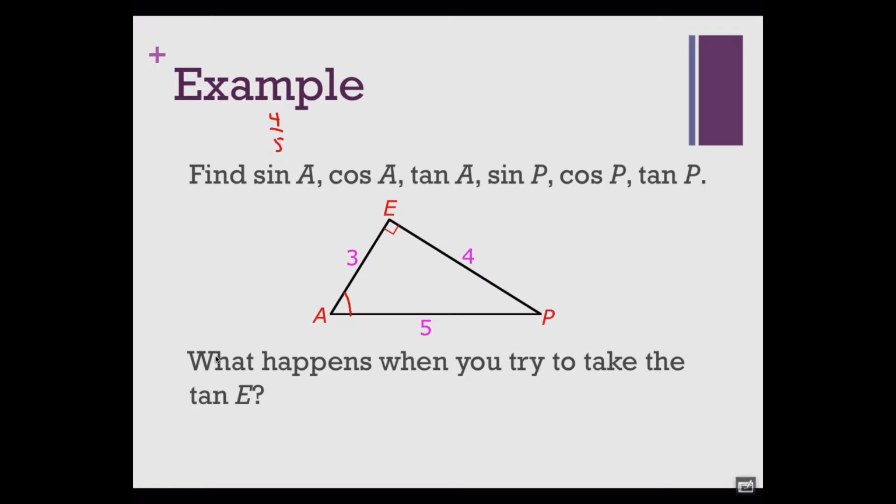Aces. How about the cosine of A? 3/5. Outstanding. Cosine is adjacent over hypotenuse. Tangent of A. 4/3.